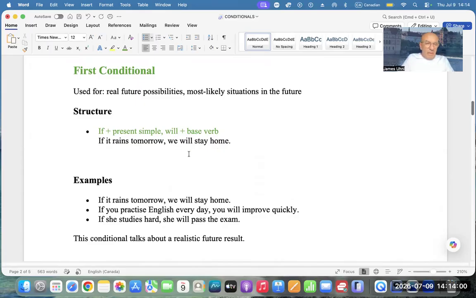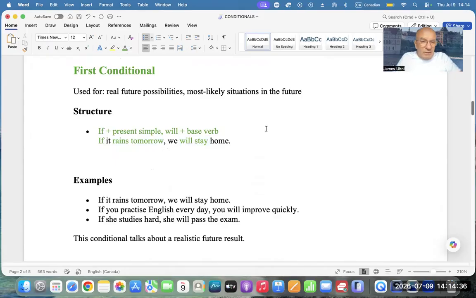So I will use if in green, and now, because it's becoming more complicated, present simple, rains tomorrow, comma, we will stay at home.